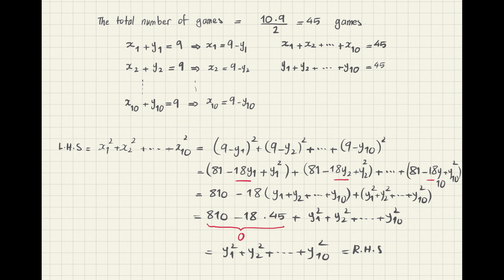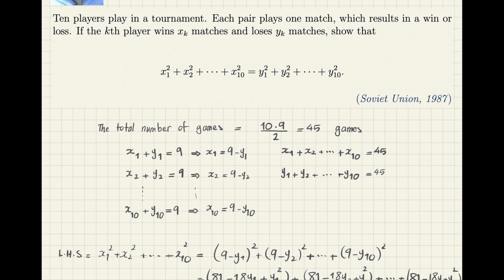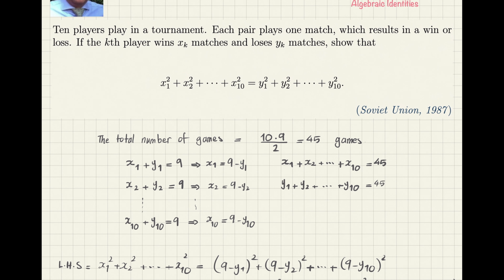One common mistake that I have learned from some of my students is that they think we can solve this problem more easily, saying that actually x1 up to x10 and y1 up to y10 are essentially the same numbers appearing in different orders. So if that is the case, then of course it doesn't matter how we add them up, the left hand side becomes equal to the right hand side.